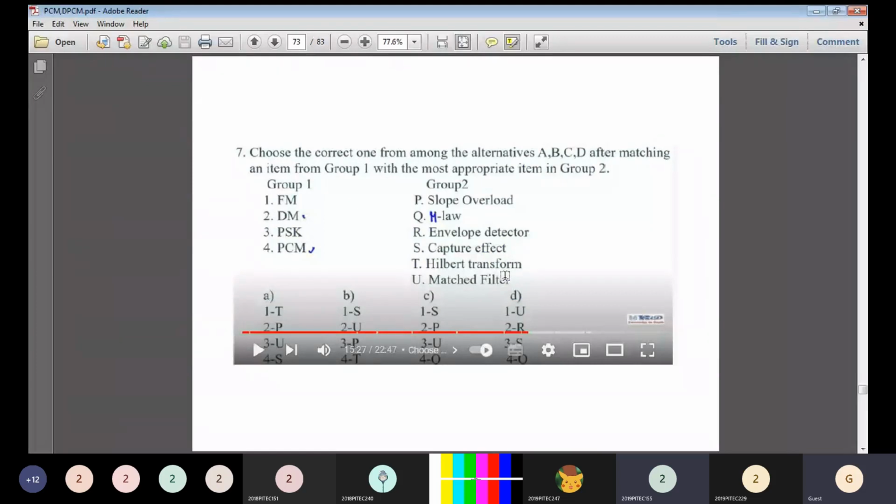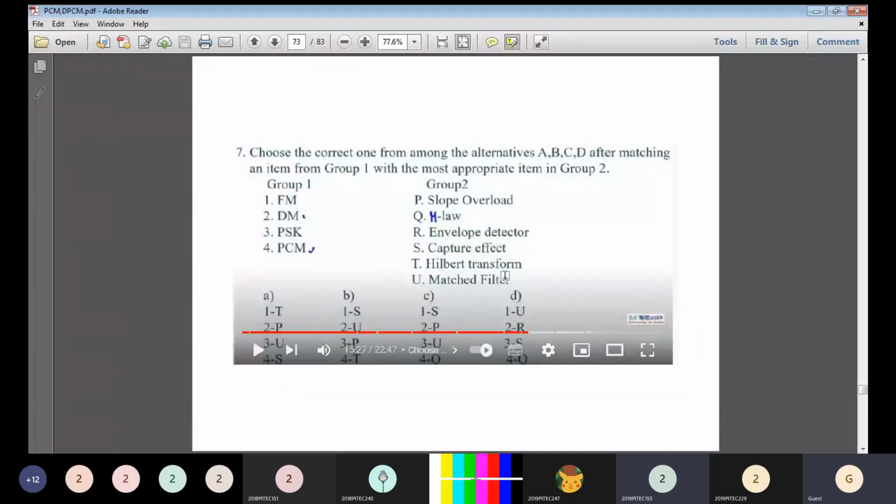Next question: choose the correct one from among the alternatives A, B, C, D, after matching an item from group 1 with the most appropriate item in group 2. Look at group 1: FM, frequency modulation; DM, delta modulation; third is PSK, phase shift keying; fourth is pulse code modulation.